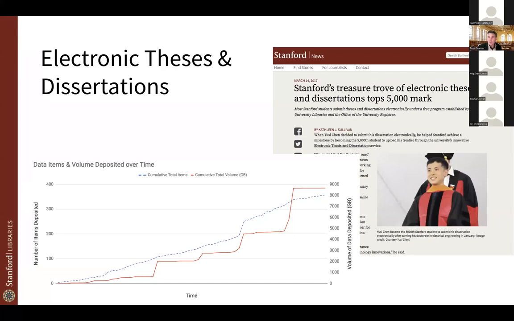Dissertations and theses, we have found, are one of the most important and most sought after areas of our collection. If we look at the catalog statistics and what people are looking up, the single greatest category is our ETDs. So this is an area where, by setting up an electronic thesis and dissertation deposit system, we've been able to build an important collection over the last 10 plus years, and all of that is born digital.